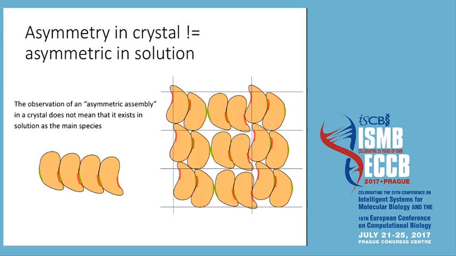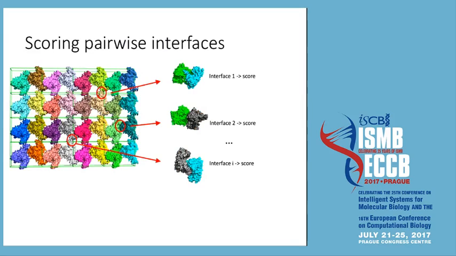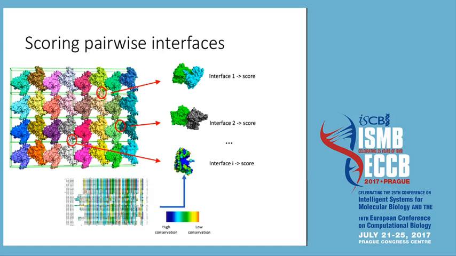So having said all that, now I'm introducing how we do prediction of quaternary structures. We first do scoring of pairwise interfaces. From the crystal, we enumerate all the possible interfaces that we can find. Then we can do scoring per interface. The scoring is geometric in one part, but it also comes from evolutionary data.